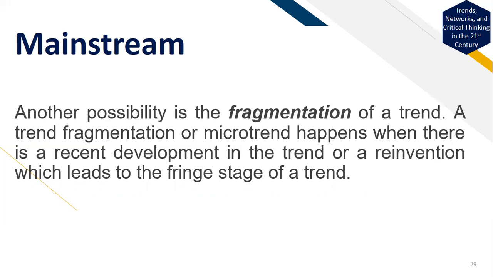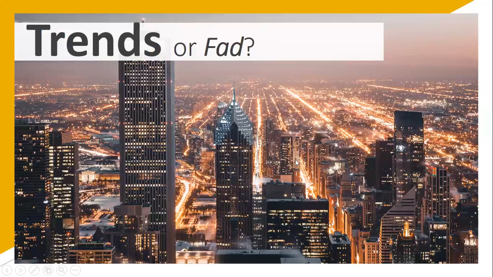Nahahati siya. It turns into pieces. It turns into chunks. So it only happens when there is a recent development in the trend or a reinvention which leads to the fringe stage of a trend. So those are the processes of how to spot a trend.